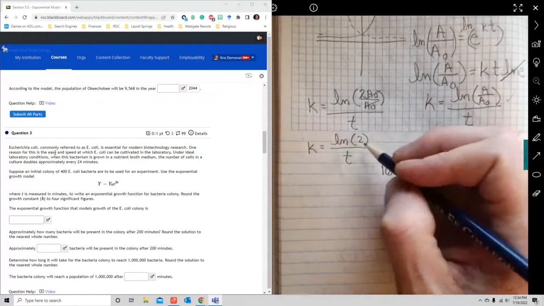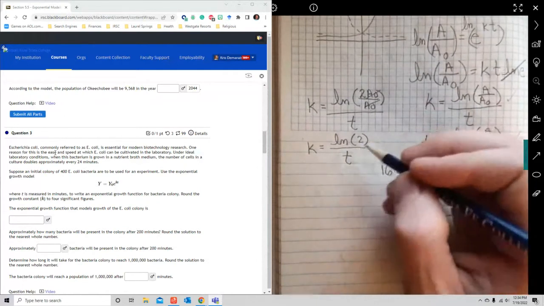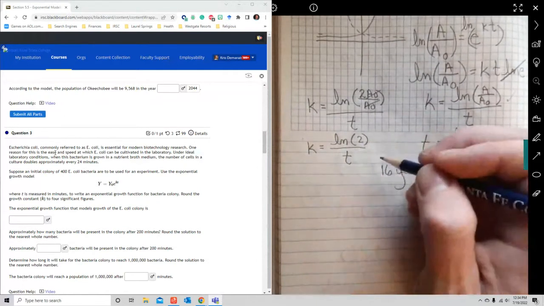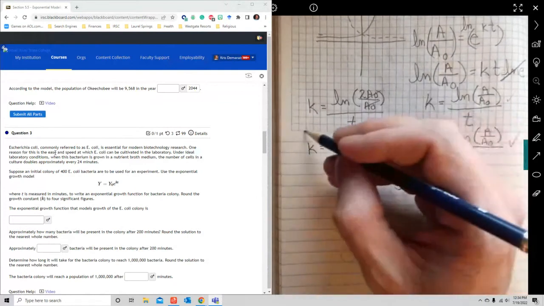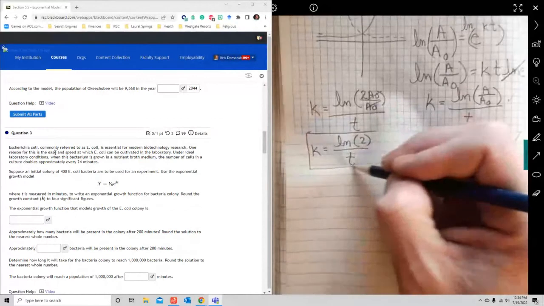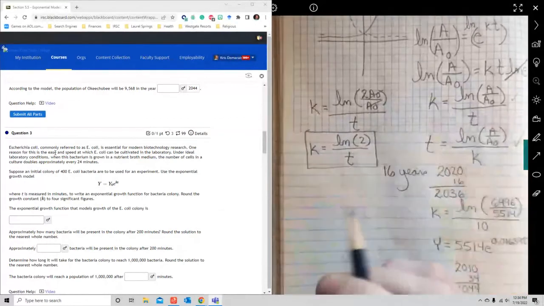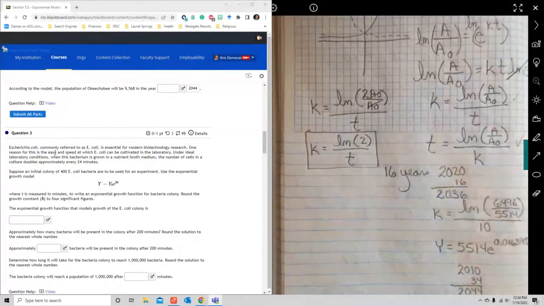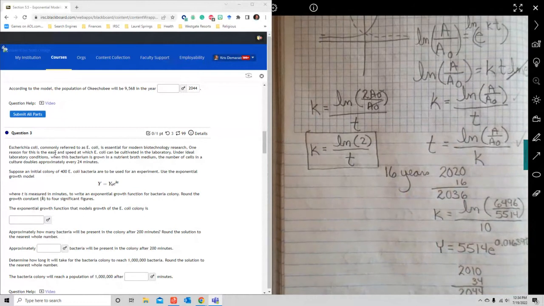This is our growth model that is involved in doubling something. This is our formula for doubling.